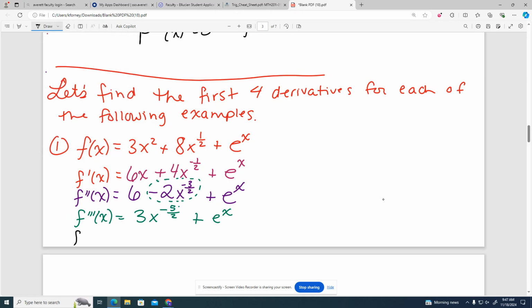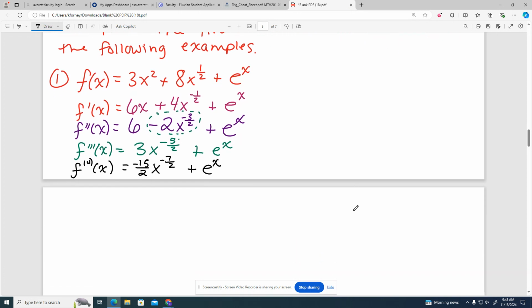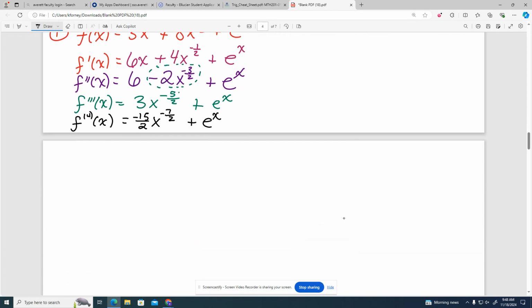And then the fourth derivative would become negative 15/2 x to the negative 7/2 plus e to the x. So don't let the e to the x make you nervous. I know we haven't worked with it a lot, but the derivative is actually the easiest part. And you really could keep going, but we're not.